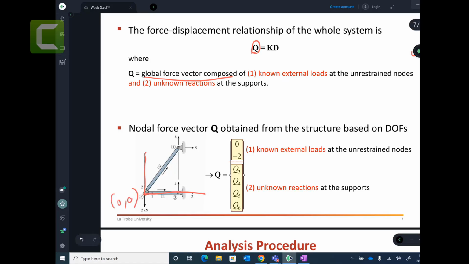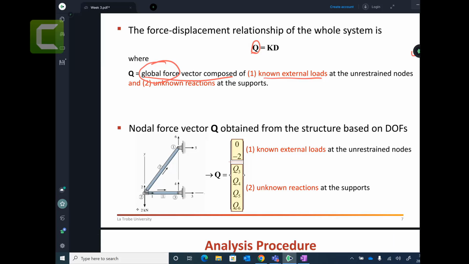And you have local coordinate systems. Let's say for this member, this is X and this is Y, which is your local coordinate system. The vectors that we're going to get will be the global vectors, with respect to your global X, Y.